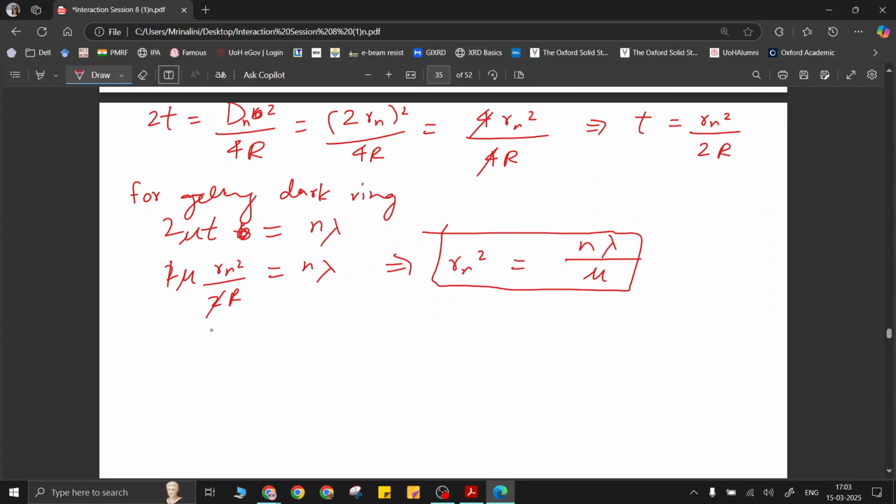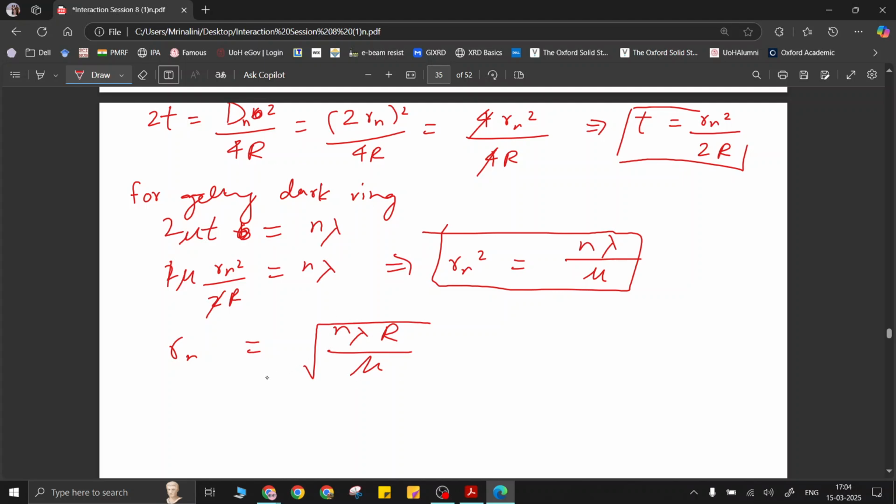So here my formula becomes, if I compare, rn will be n lambda r for the nth order dark ring.